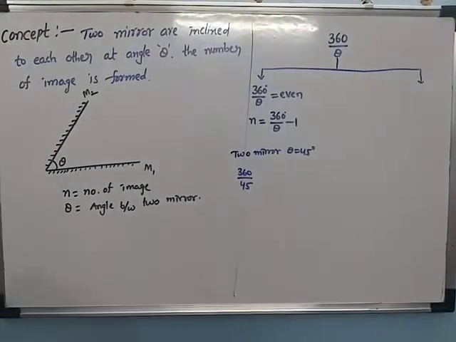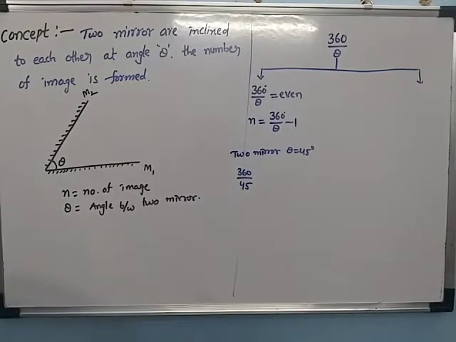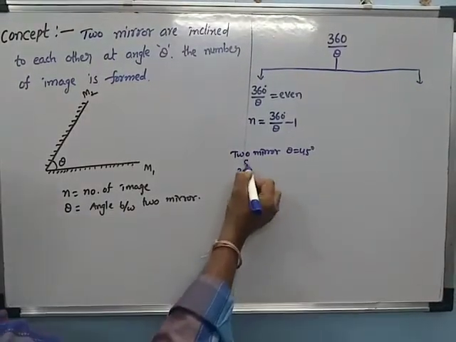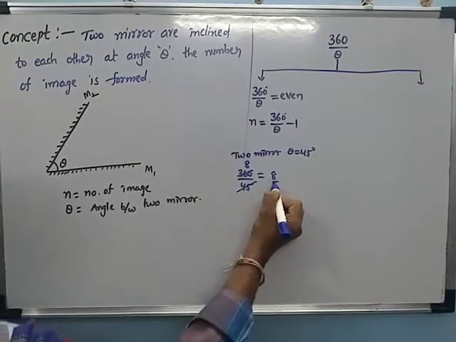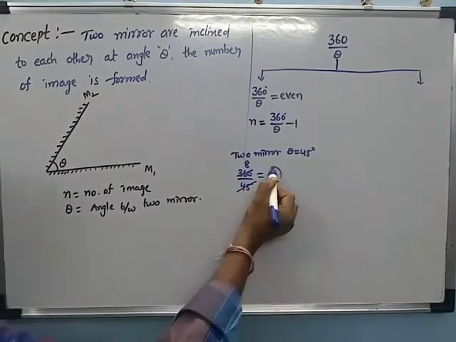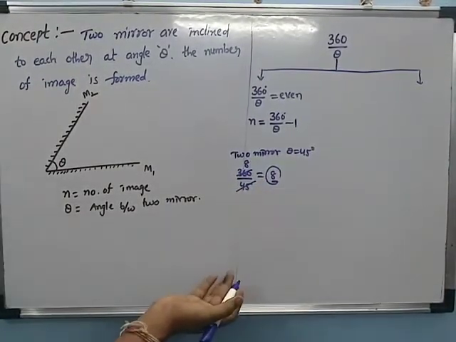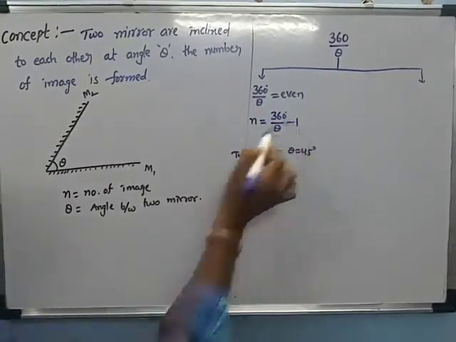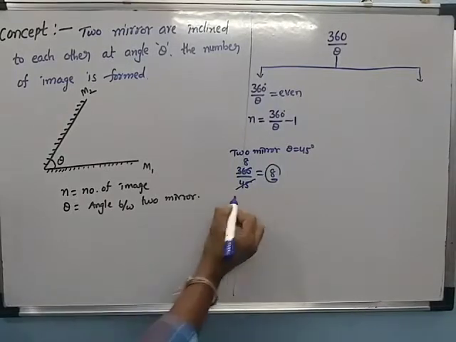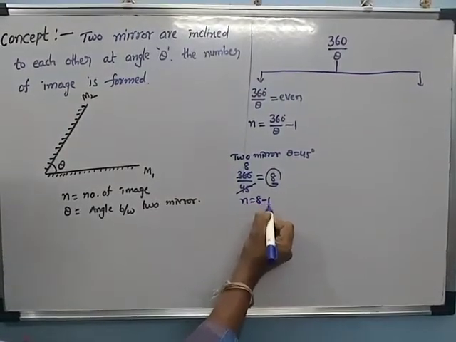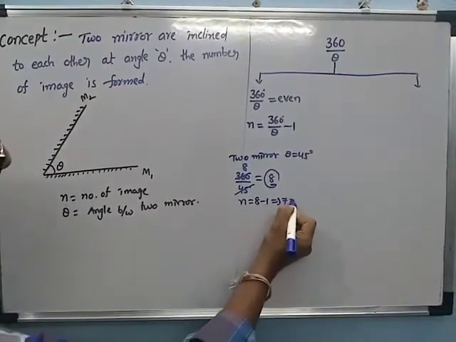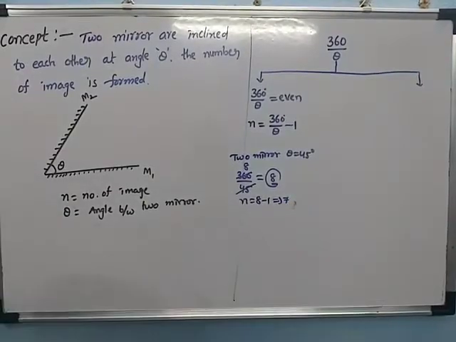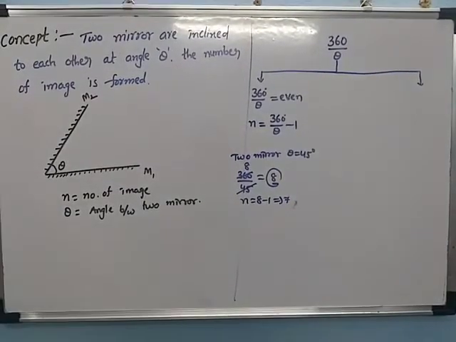How many times does 45 go into 360? Eight times. That is 8, the number of images. Is 8 an even or odd number? It is an even number. When the number is even, the total number of images is less by 1. So N is equal to 8 minus 1, which is 7 images. This is the calculation.